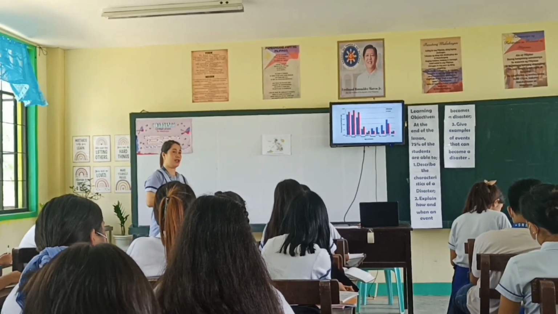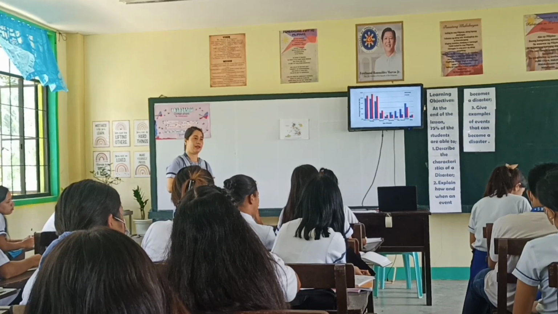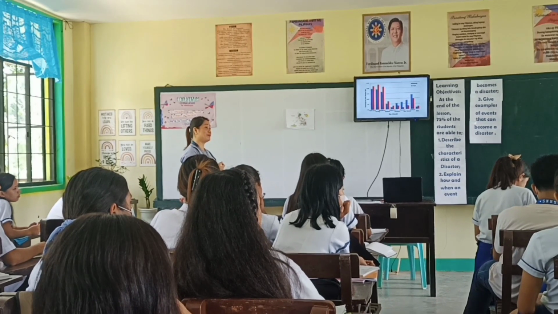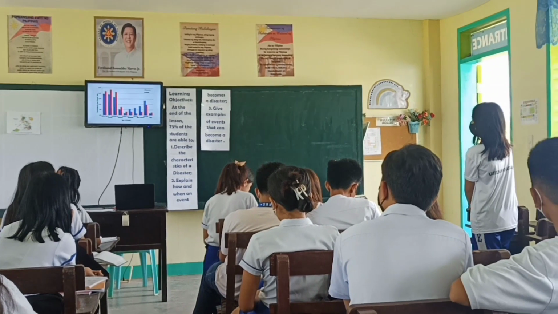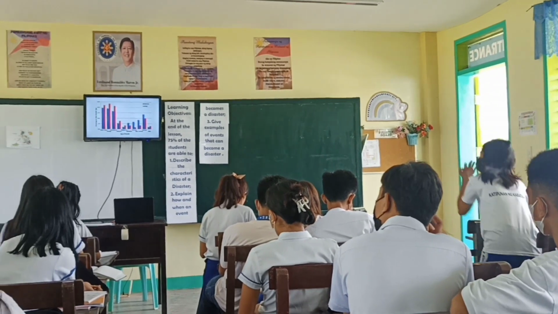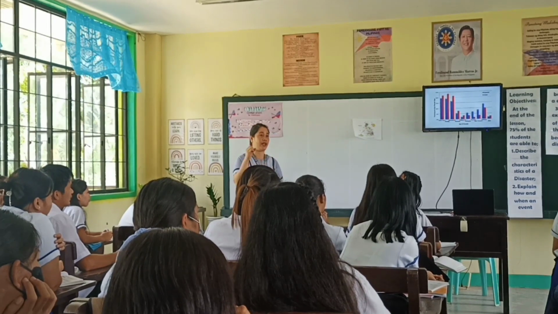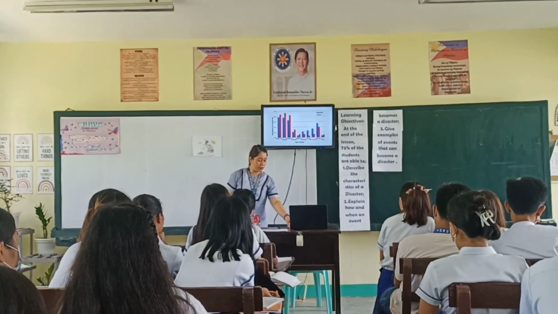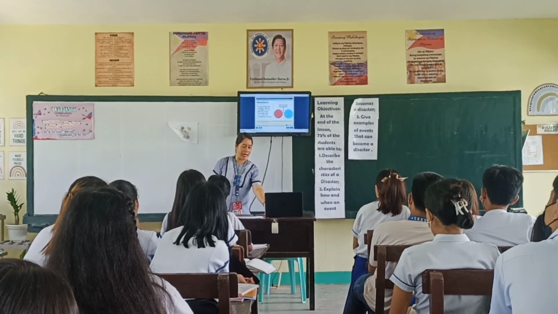What is the first thing that came to your mind looking at the picture? It is describing or determining the percentage of the actual or expected. Okay, simple as that. It describes determining the difference between the expected and the actual. So your ideas are all correct. So let's start with our first slide.